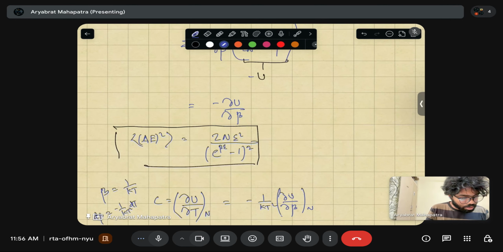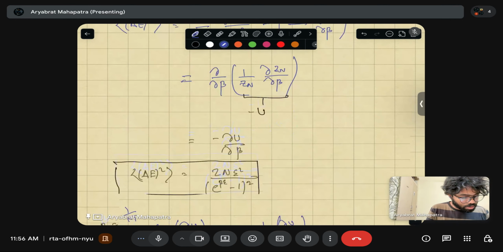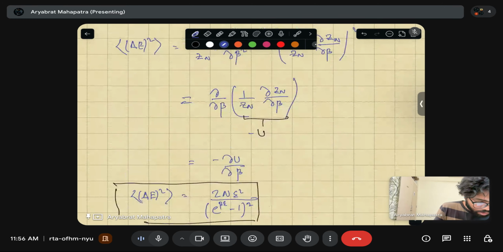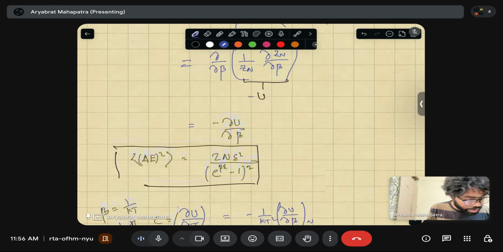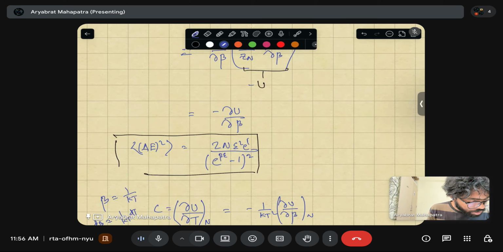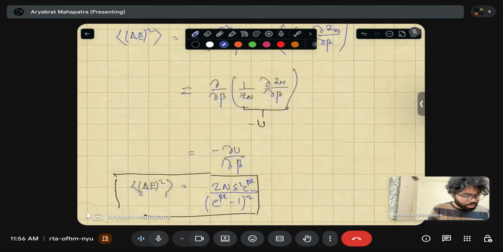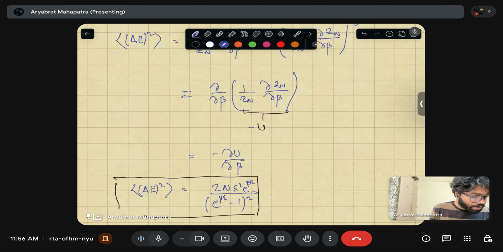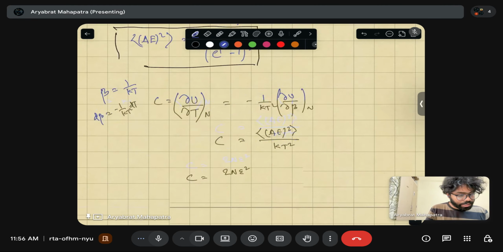Okay, there is something I missed in the process of calculating this fluctuation. There will be a factor of exponential beta epsilon. This just follows from the derivative of the internal energy with respect to beta. You can check that.